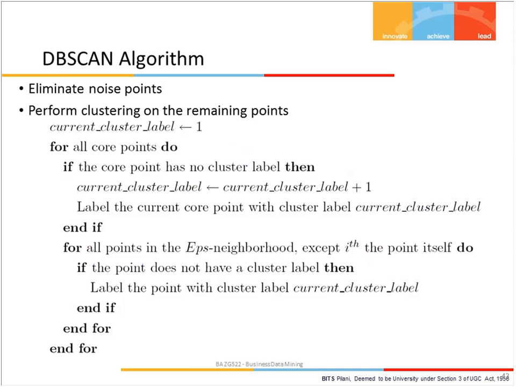Then you compute what is a core point, and you compute what is a noise point, and you eliminate the noise points. So you only deal with core points and border points.